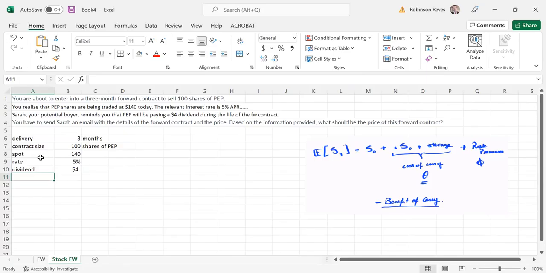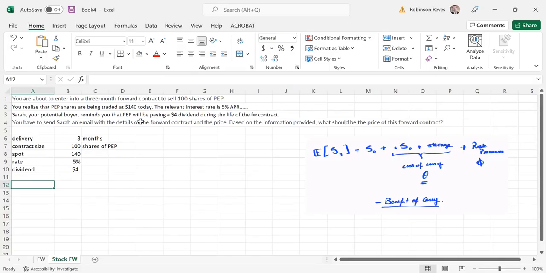But that's not relevant in this particular problem. So when we calculate this forward price for this stock, the only thing we need to do is, number one, take the spot price, and then we're going to add the financial cost.